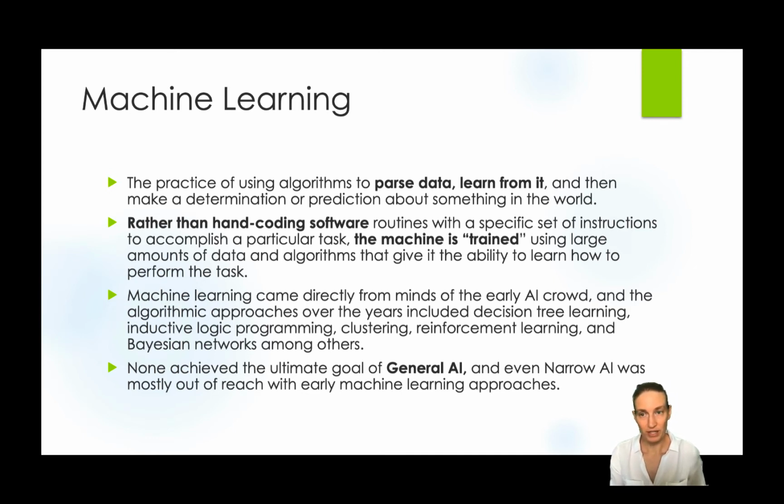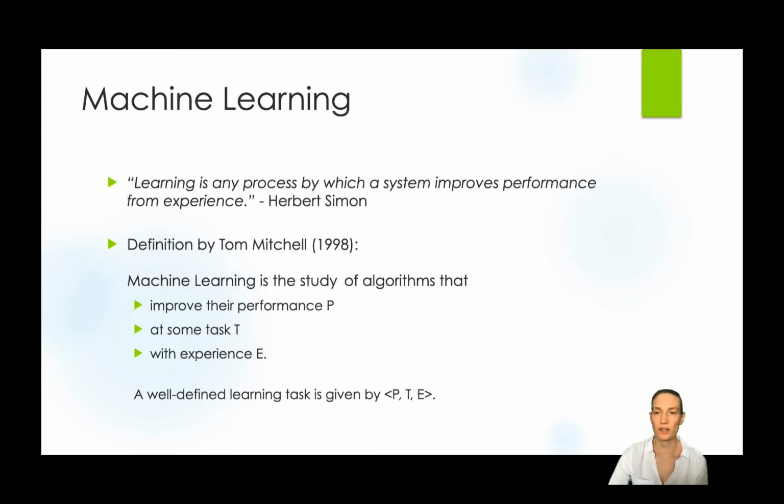It is worth mentioning, though, that machine learning currently typically focuses on very narrow tasks, and general artificial intelligence or artificial general intelligence still is out of reach with most machine learning approaches. So let's look at some definitions of machine learning. Herbert Simon says that learning is any process by which a machine improves performance from experience.